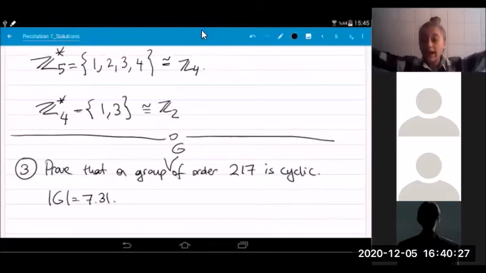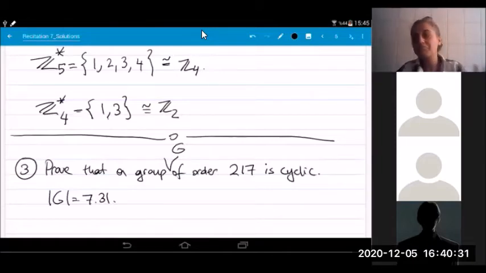So how to show that a group is cyclic? The basic way is to find a generator, but this is an abstract group and we have no information to deal with elements, right? This is very abstract.